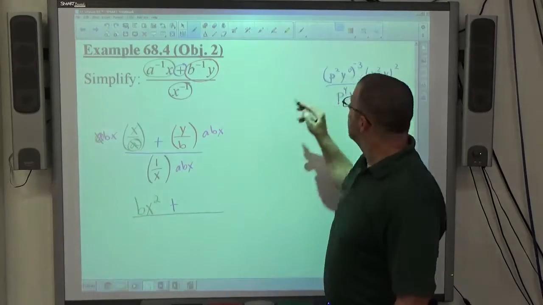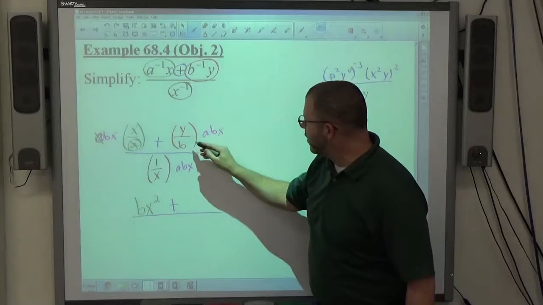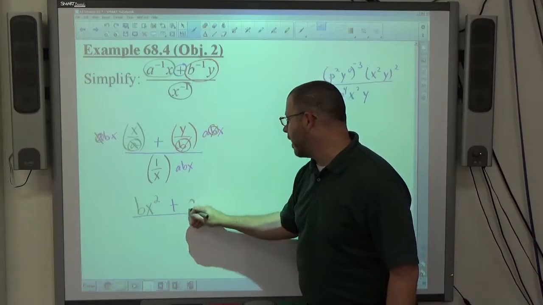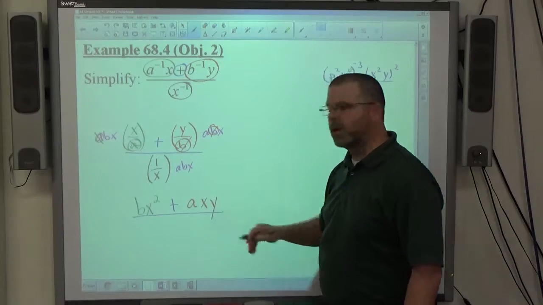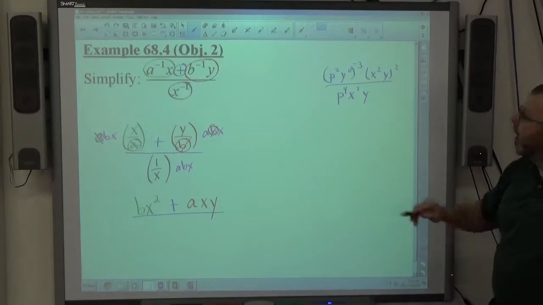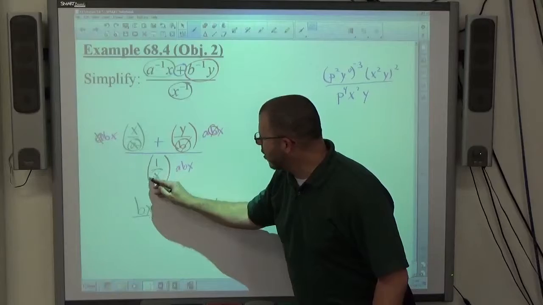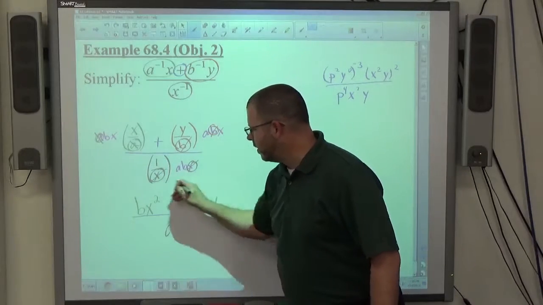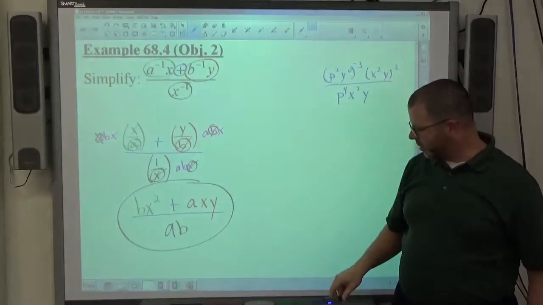Plus y. And then the red one, this b on the bottom and this b on top cancel, leaving me with axy or yax. Take your pick. I like alphabetical. I'm going to go with axy. And on the bottom, this x on the bottom and this x on top cancel, leaving me with 1 times ab. And just like that, it's fixed.